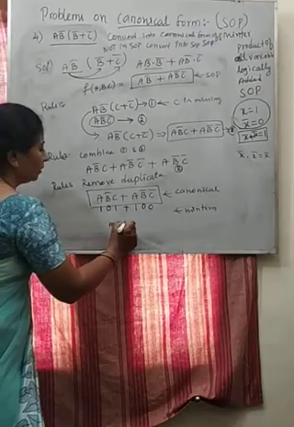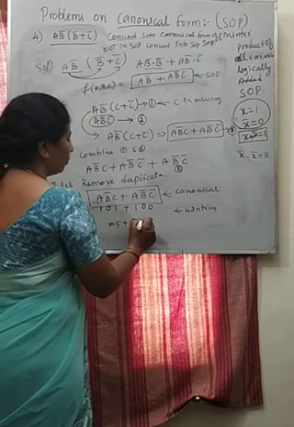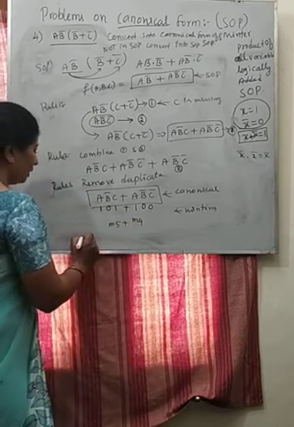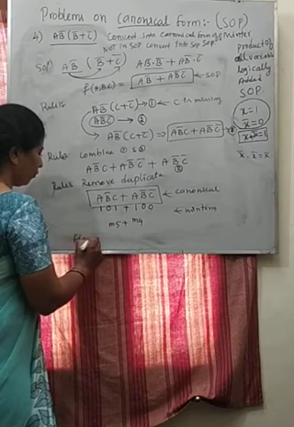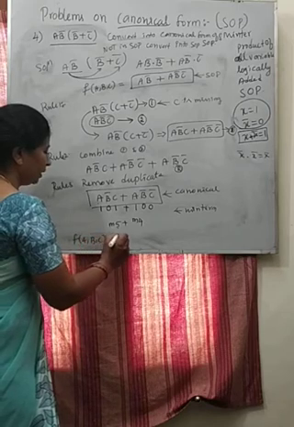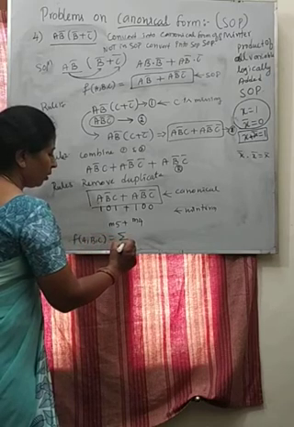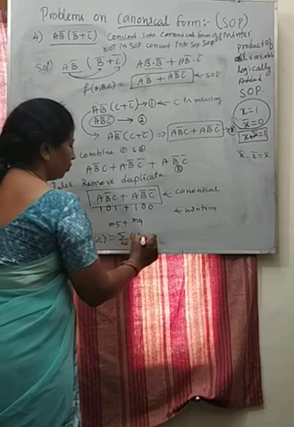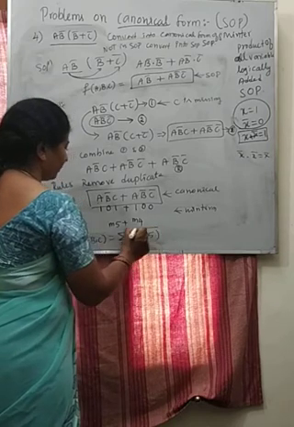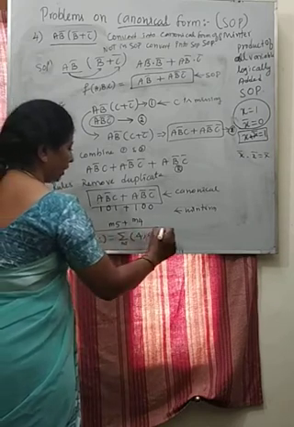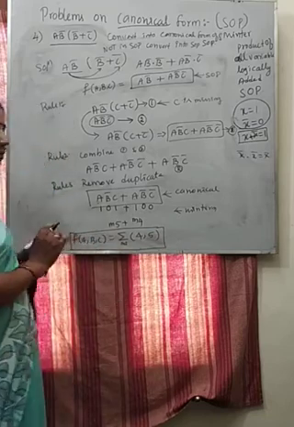M5. Then what will you get? M4. Did you get it? Then this can be written as f of A, B, C equals sigma of the minterms 4 and 5. Did you get it?